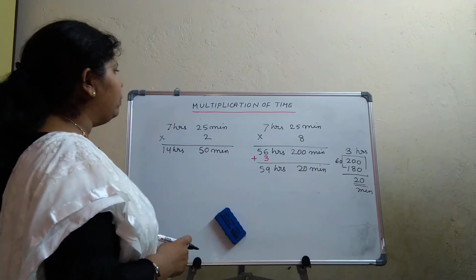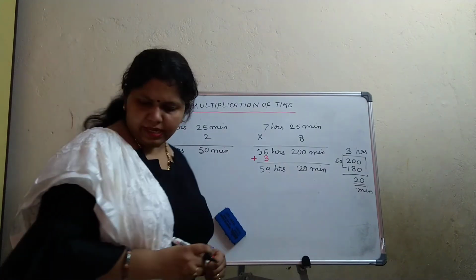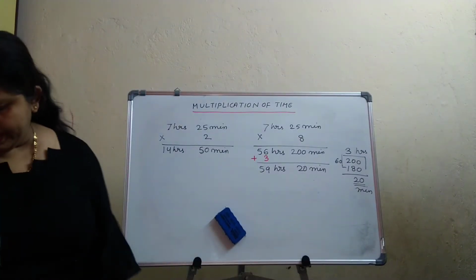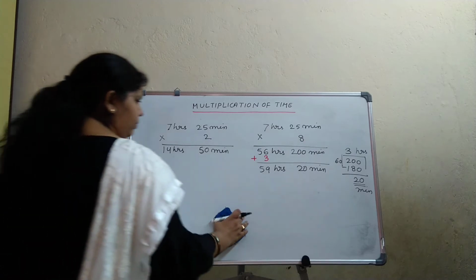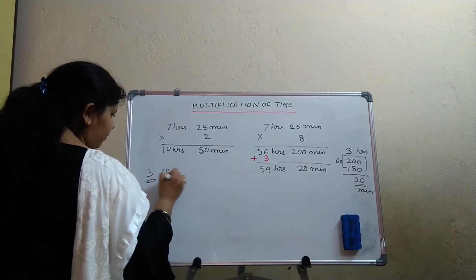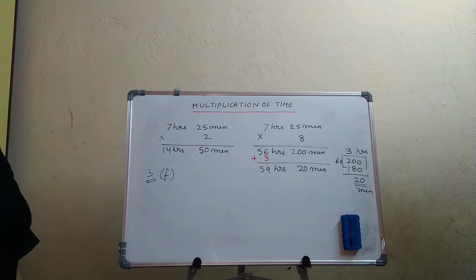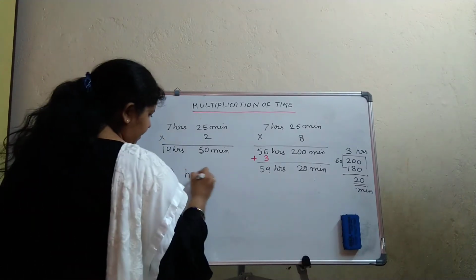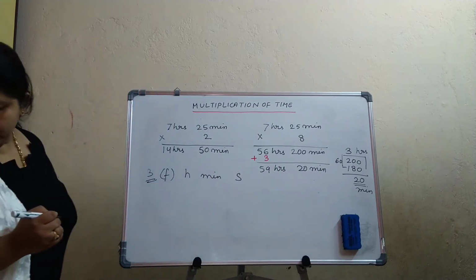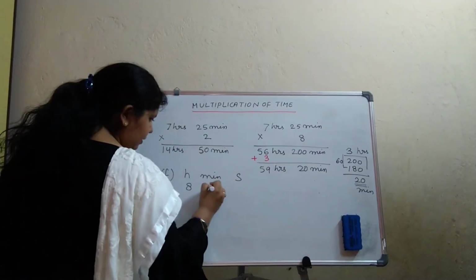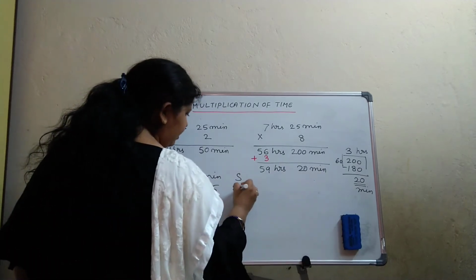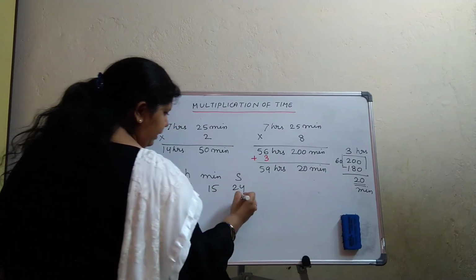Now let us do one question from the exercise of your book. We have one question in 3 bit F. In question number 3 bit F we have 8 hours 15 minutes 24 seconds, and we have to multiply it by 7.